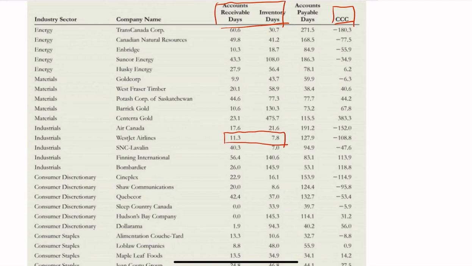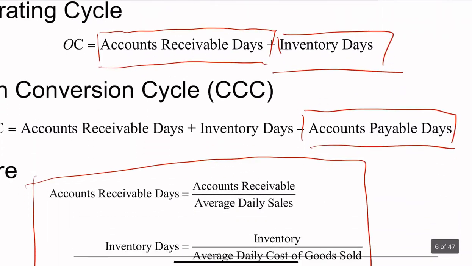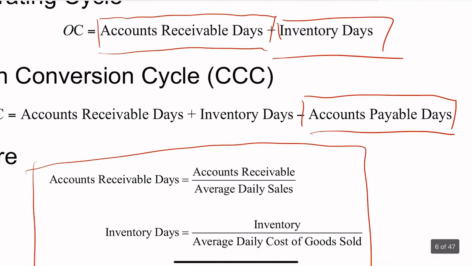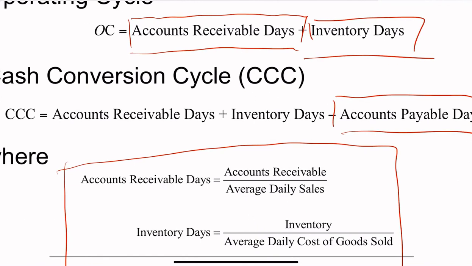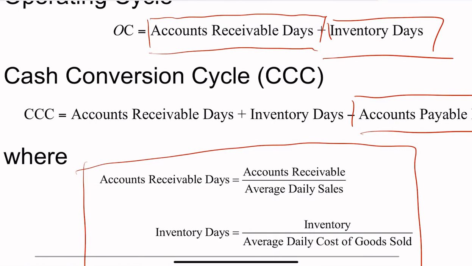And you can imagine that we will see large differences in cash cycles between different firms. And what you can see here is, interestingly, a lot of firms have negative cash cycles, right? How do you have negative cash cycles? Well, if you look at the formula here, if your accounts payable days is larger than your operating cycle, then you will have a negative cash conversion cycle, right?